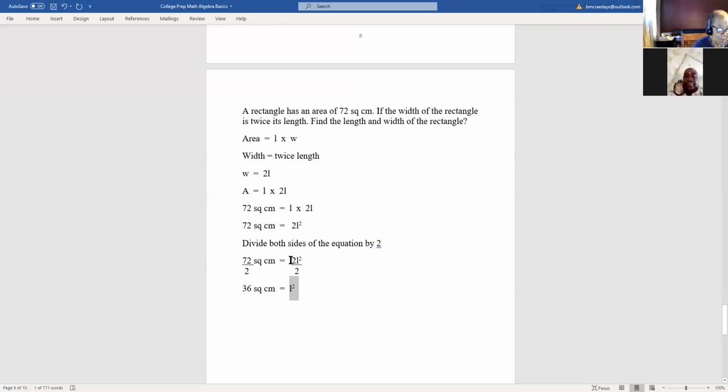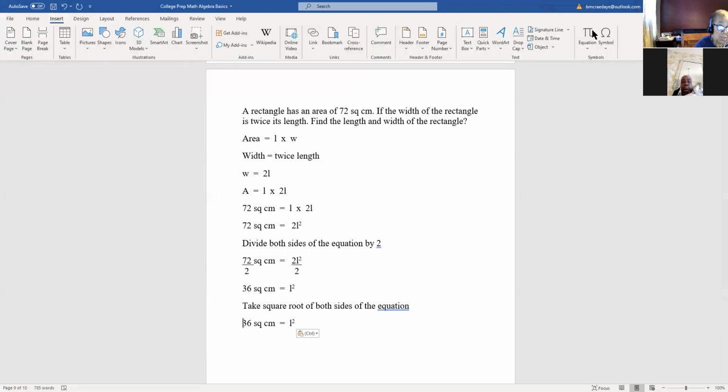If I'm squaring it, I'm going to take the square root of both sides of the equation. Let's put our square root radical here.